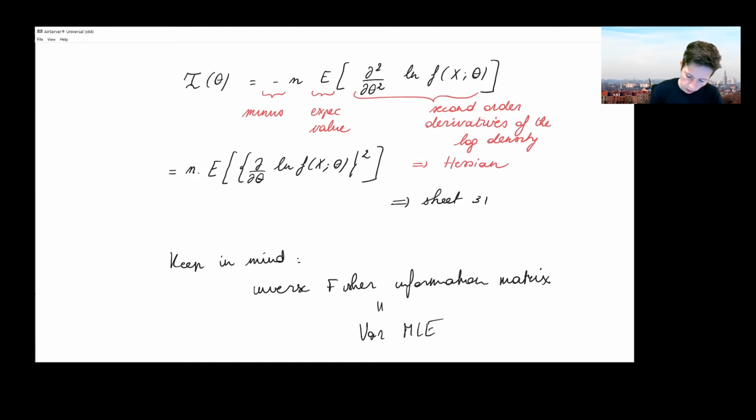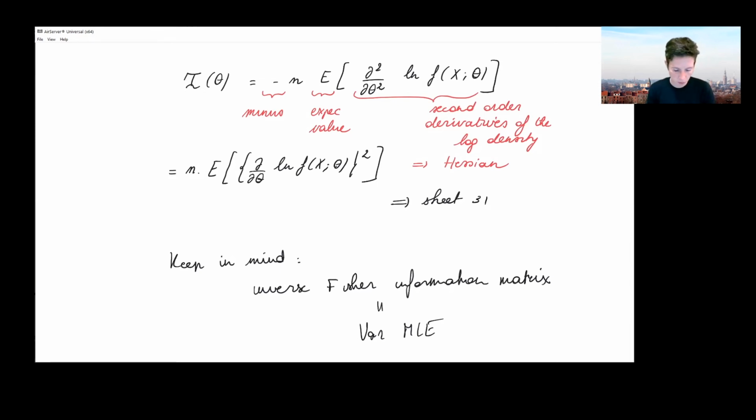So that's why we do it, because we want to quantify the uncertainty that comes with the maximum likelihood estimators that we calculate. In the end, it's going to be a matrix if you work with multiple parameters that need to be estimated, and you want to be able to invert this matrix to get a numerical quantification of the uncertainties that come with the maximum likelihood estimation technique. So that's why we do it.